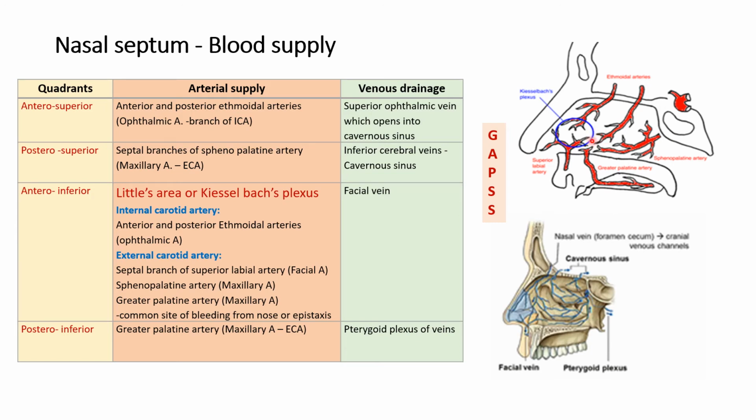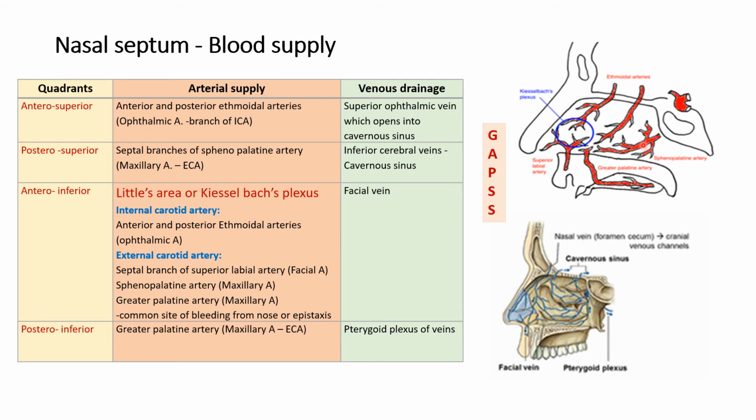The branches of the internal carotid artery are the anterior and posterior ethmoidal arteries. The branches from the external carotid artery are the branches of the maxillary and facial arteries.